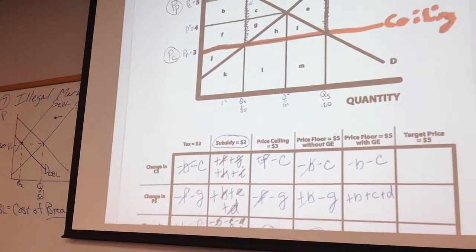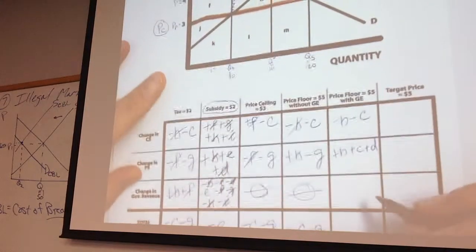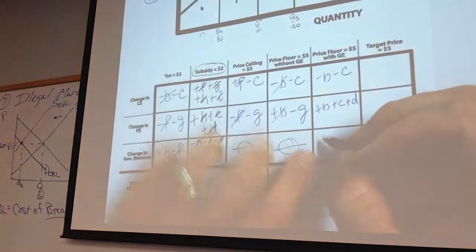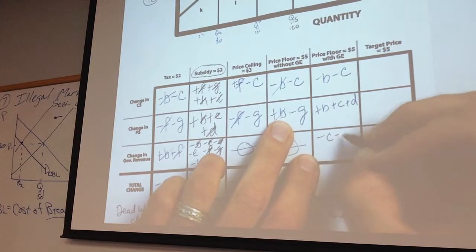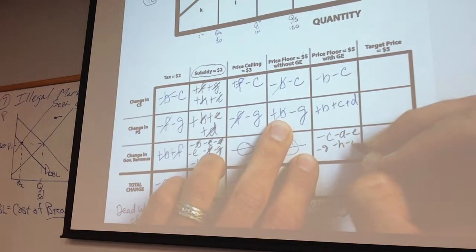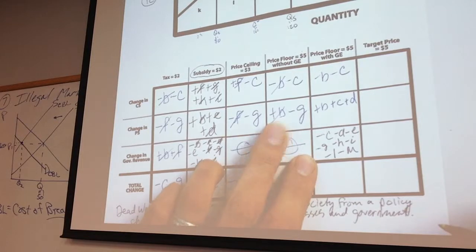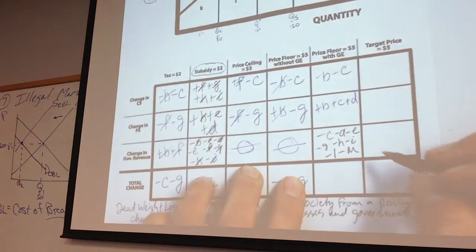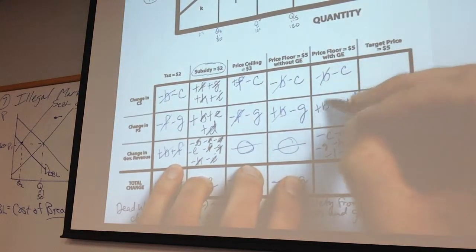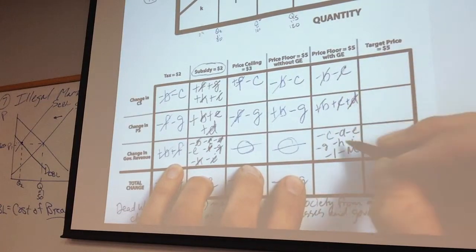You are correct. They are all minuses, so let's get to it. Got a lot of work ahead of us here. We got minus C, minus D, minus E, minus G, minus H, minus I, minus L, minus M. We add them up. Let's see, we got the B canceling, the C minus C plus C, we got the D. Oh boy.